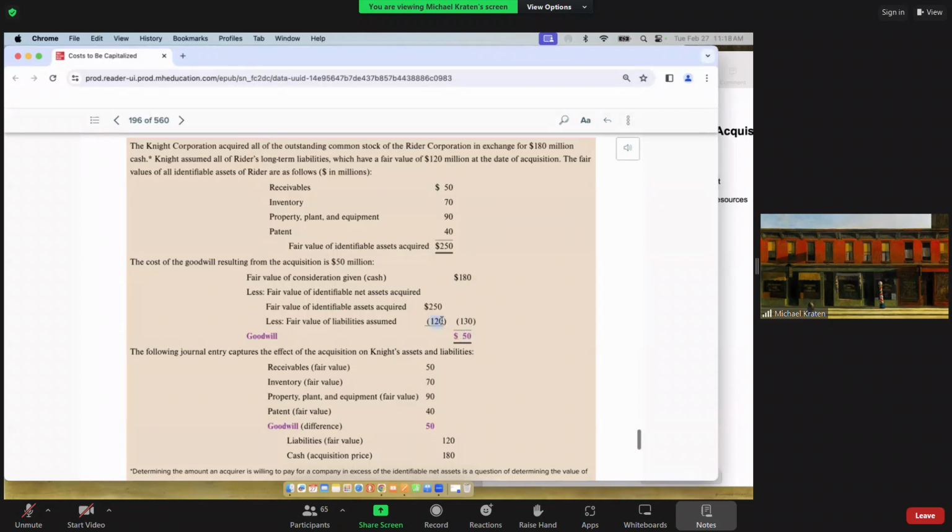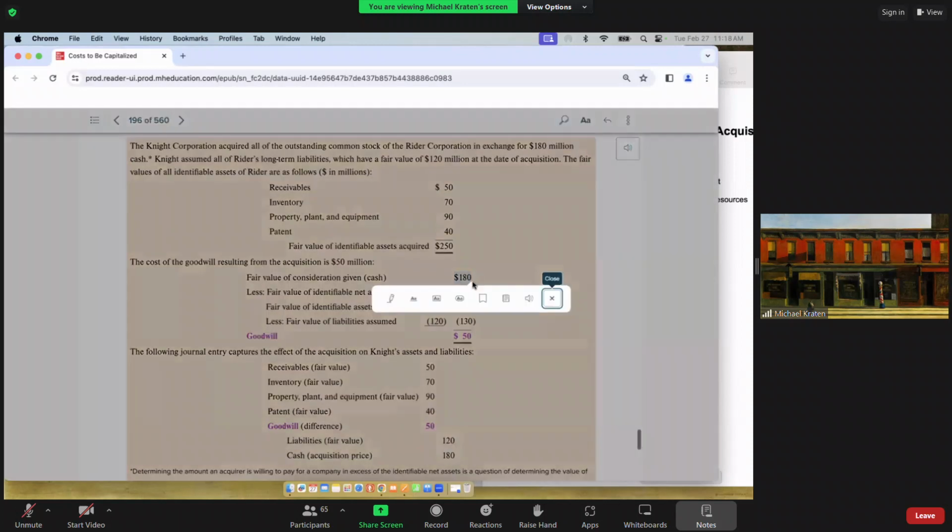And if I'm buying assets that are worth 300, and I'm also assuming liabilities that I'm going to have to pay, 120, well, then 300 minus 120 is what I will spend to buy this company.